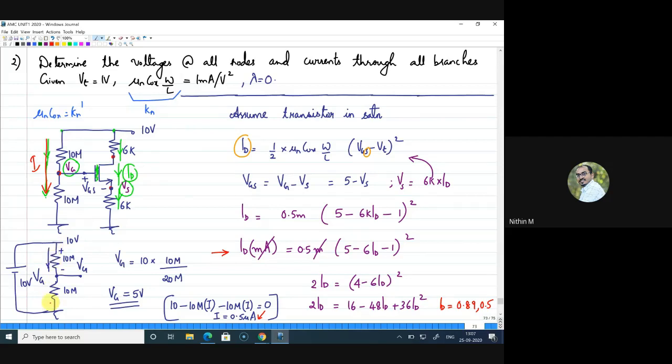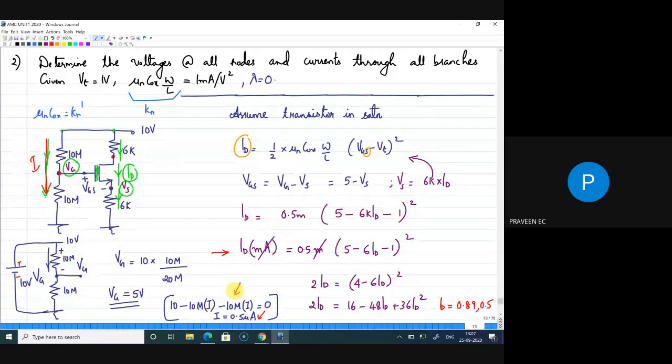You can see this down loop, right? There are two resistors connected across a 10 volt supply. So I will write a loop equation, a KVL here. What is the KVL if I write here? Plus 10 minus 10 mega into current minus 10 mega into current is equal to 0. That is what I have written here. Are you getting?